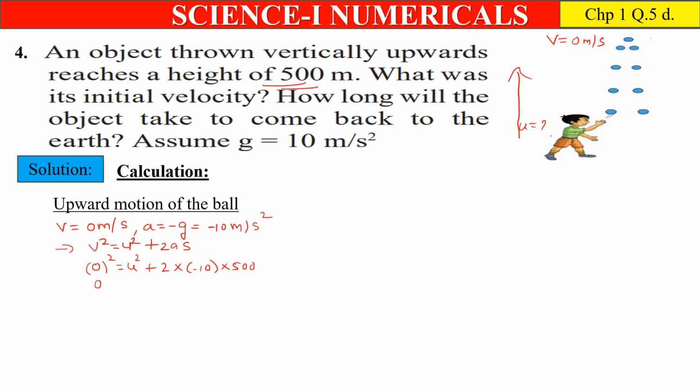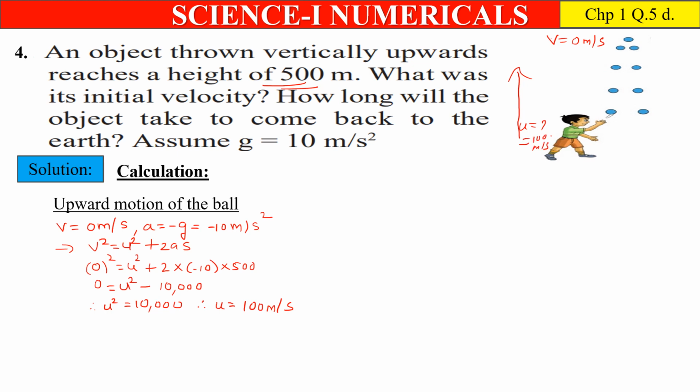So 0 is equal to u square minus 2 into 10 into 500, we will get 10,000. Therefore, u square is equal to 10,000. Therefore, taking square root we will get u is equal to 100 meter per second. So here we will be getting 100 meter per second.